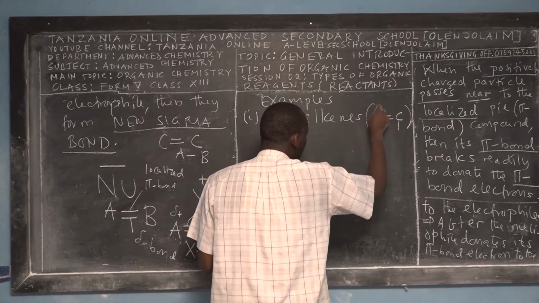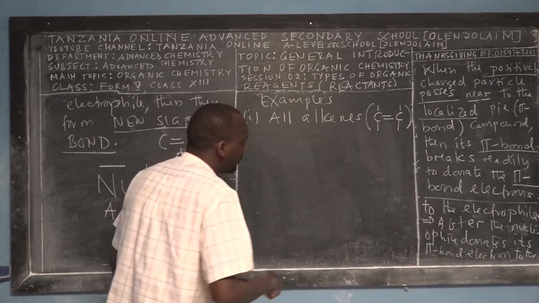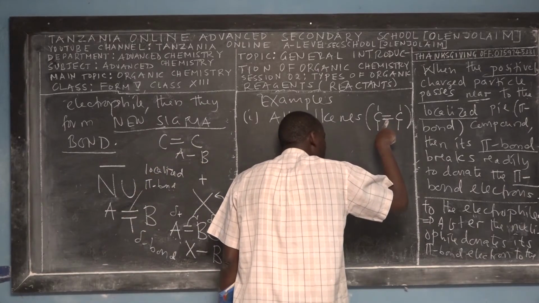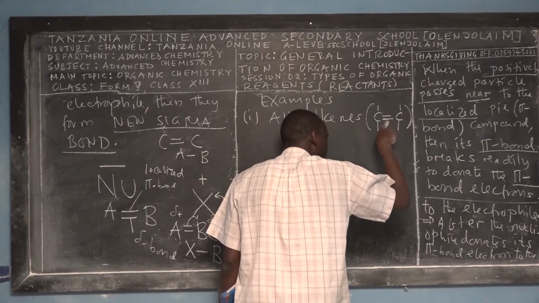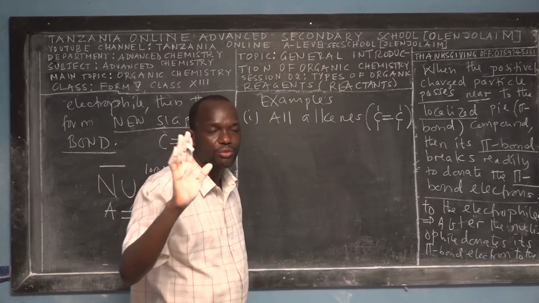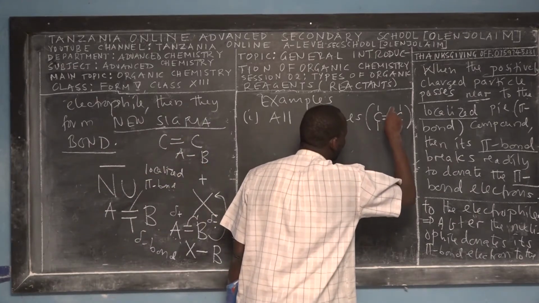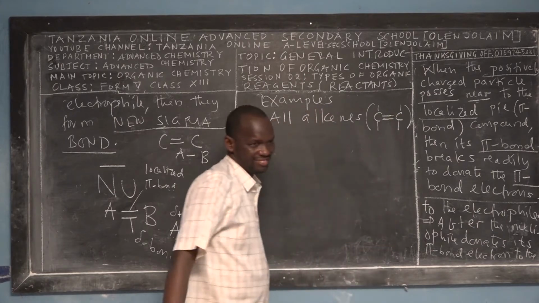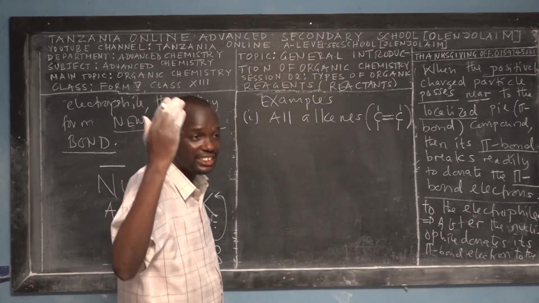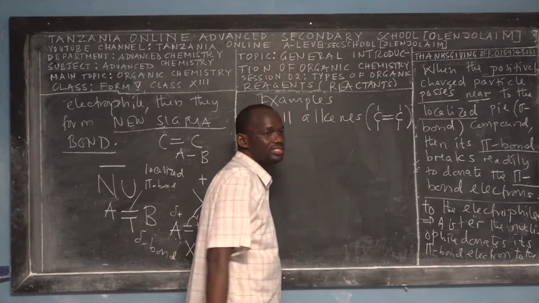What do you mean? It means that here the carbon still needs some atoms. But our point of concentration is this. Suppose that this we say is the sigma bond, and this is the pi bond. For the purpose of learning, it doesn't mean that the pi bond is always at the top of the sigma bond. No, it is for the purpose of learning and understanding. This one might be pi bond or sigma bond.